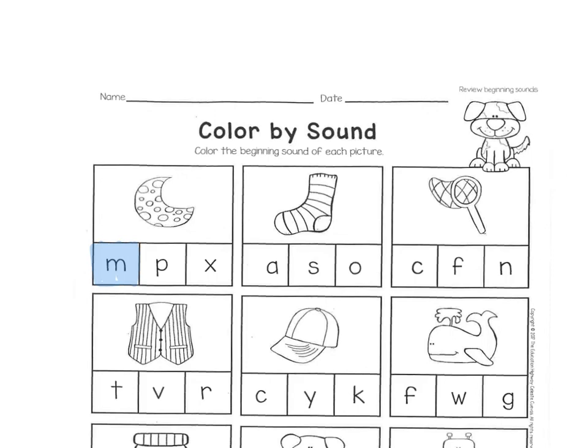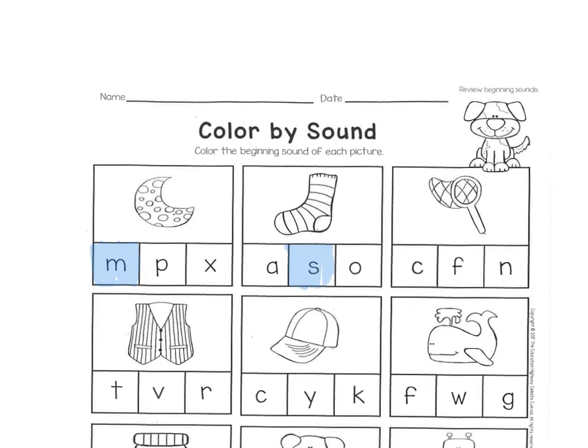Okay, we're going to move on to the next picture, which is a picture of a sock. Okay, so sock, S-A-K, S-A-K. Okay, if you colored in the letter S, then you are correct.